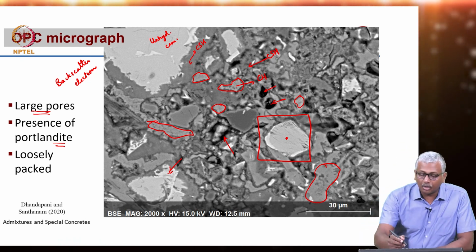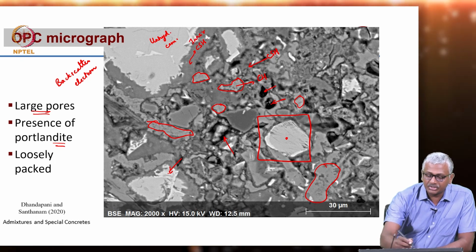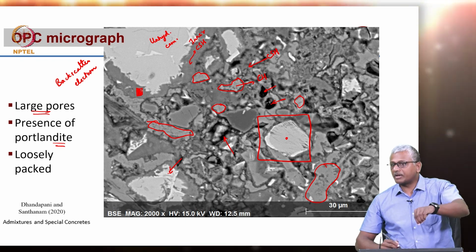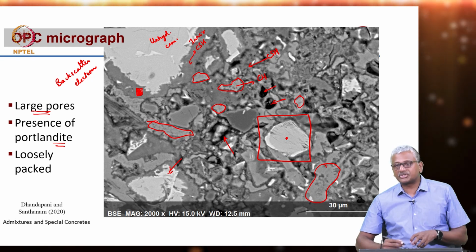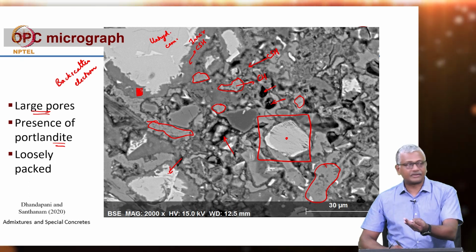So, if you want to get the composition of this CSH, which we also know as inner CSH, I will choose an area like this and put my electron beam right on that location and then collect an average composition in terms of extent of calcium, extent of silicon and so on.